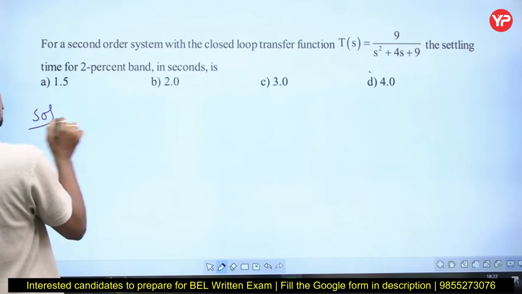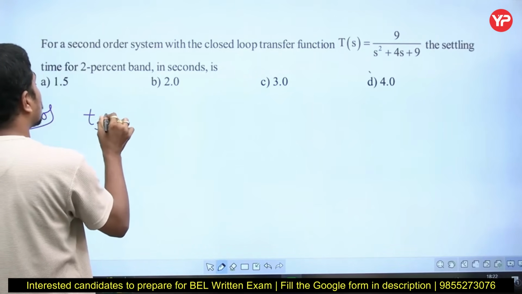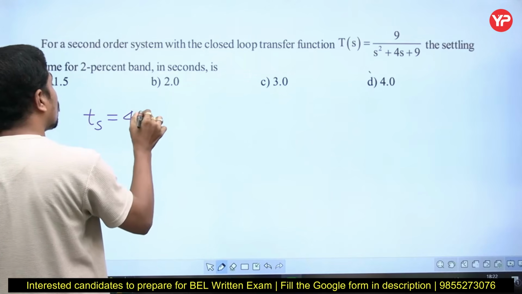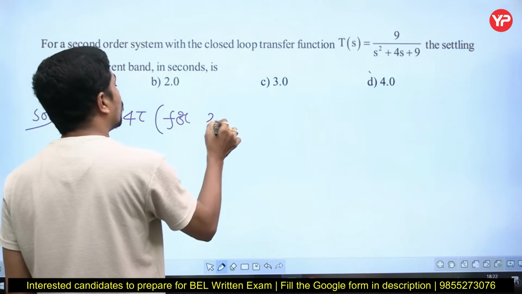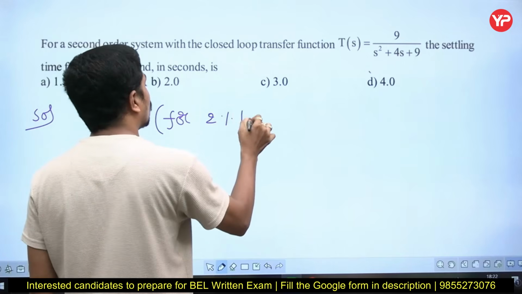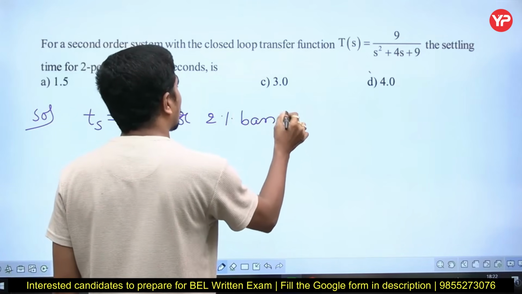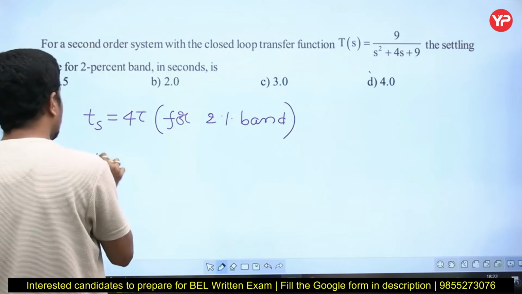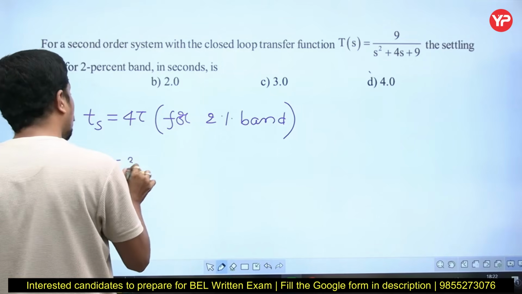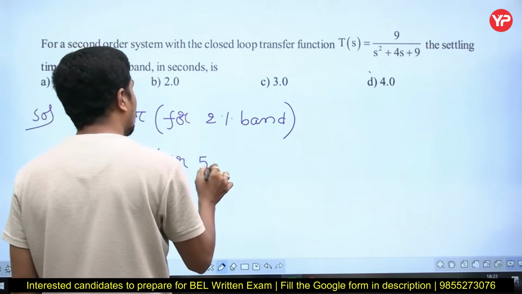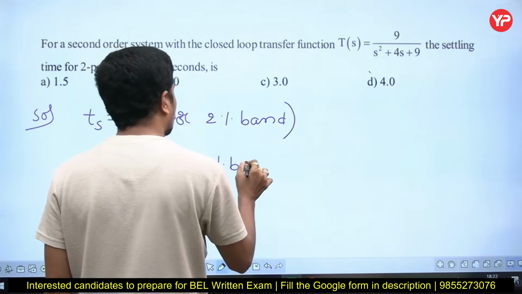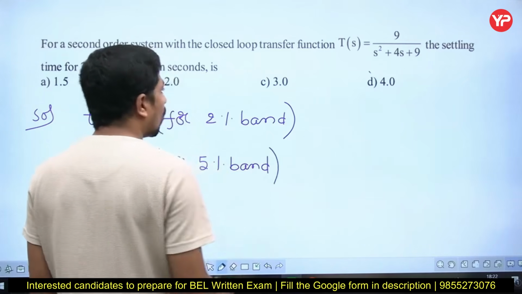See, settling time Ts is equal to 4 times tau for 2% band. Another formula: Ts is equal to 3 tau for 5% band. Now what is tau?